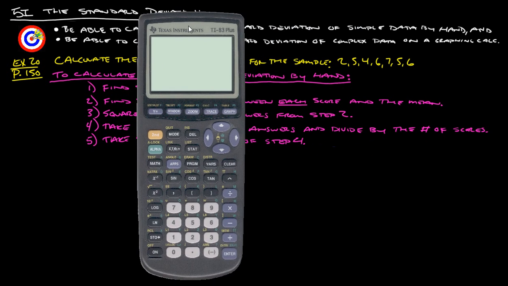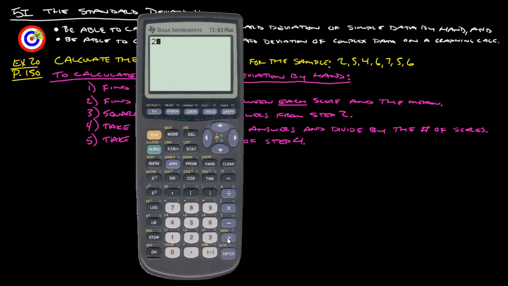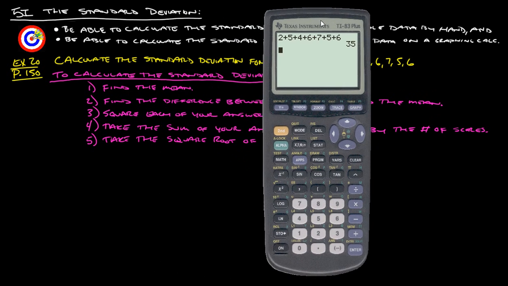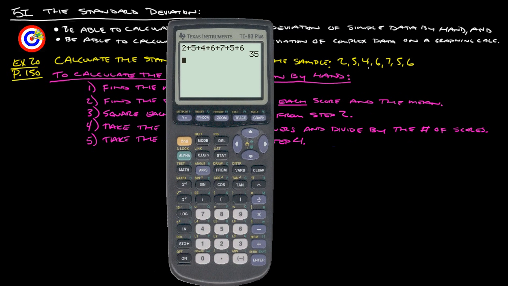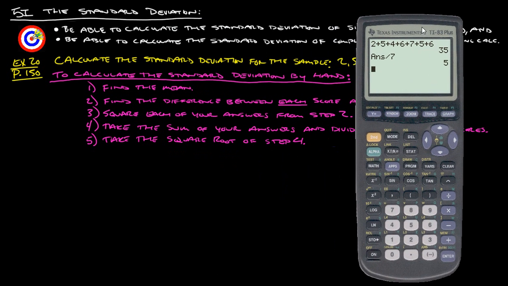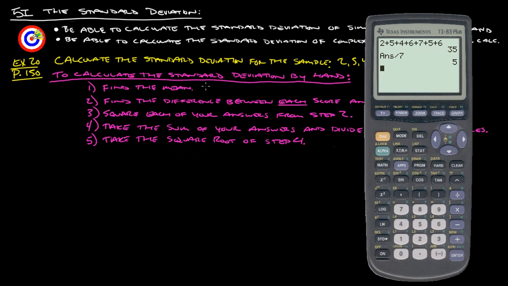So we're going to add all these up. 2 plus 5 plus 4 plus 6 plus 7 plus 5 plus 6 gives us 35. And then there are 1, 2, 3, 4, 5, 6, 7. So we divide that by 7, and we get 5. So first thing we did was find the mean.